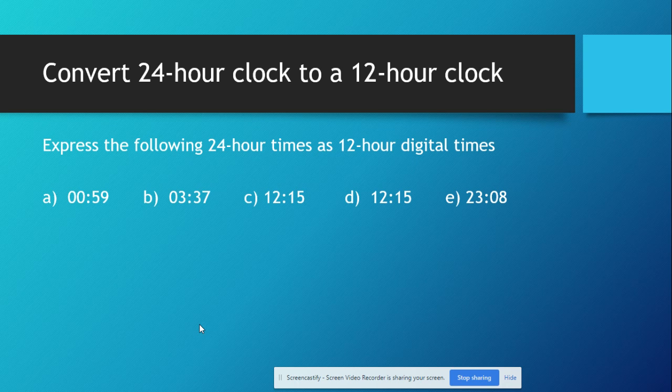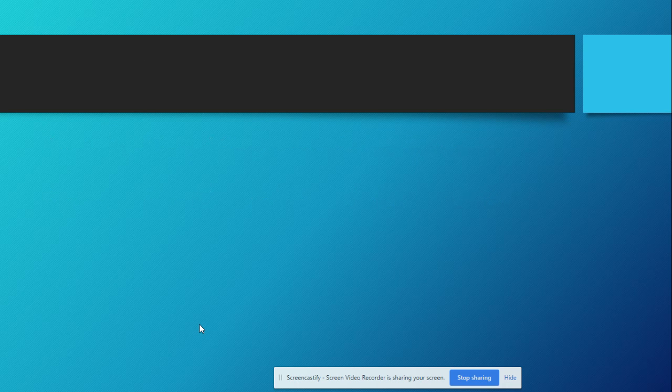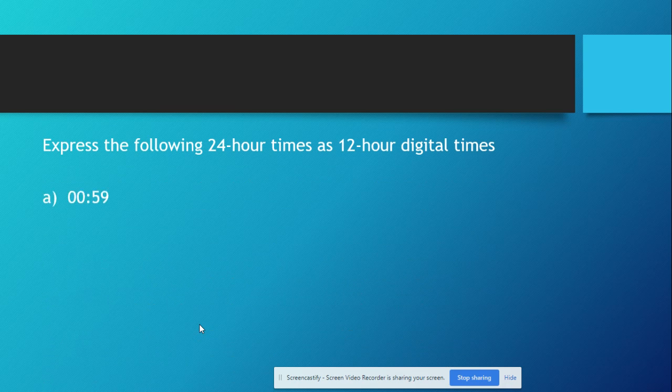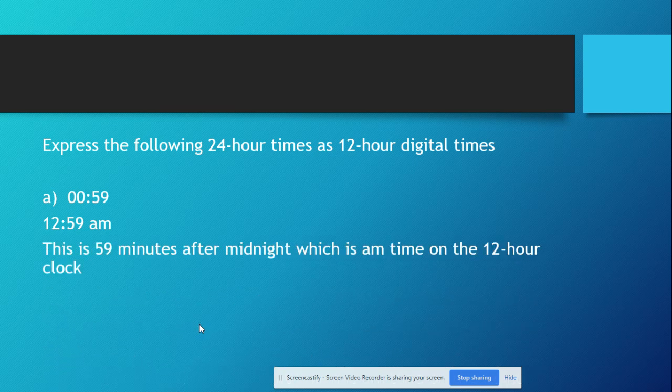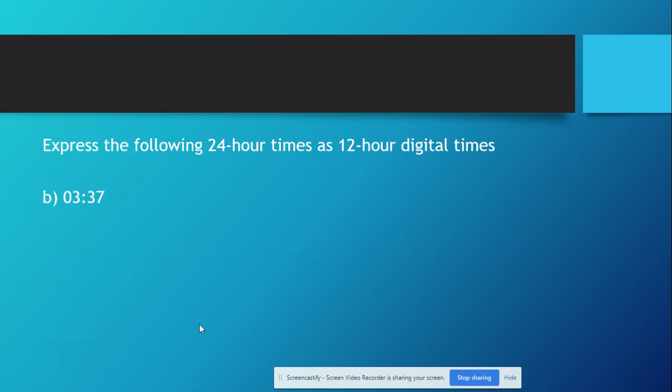Express these 24-hour times as 12-hour digital times. So you've now got 00:59. So that's just after midnight, so it is in the morning. So AM, 12:59 AM. There's 59 minutes after midnight, which is AM time on the 12-hour clock. Then you've got 03:37.